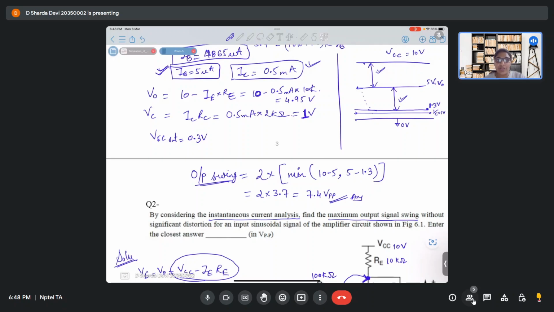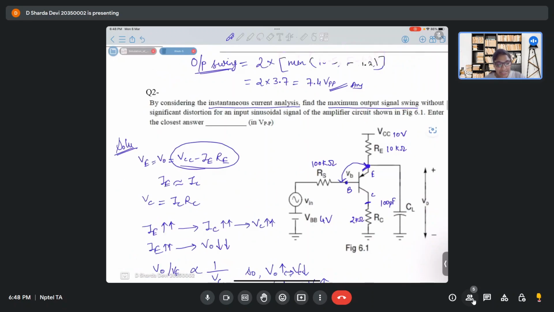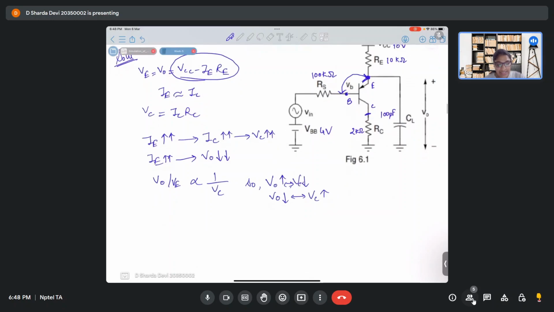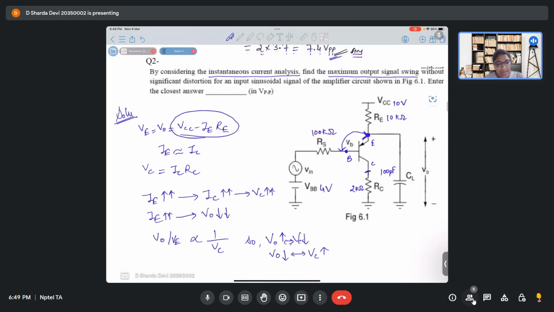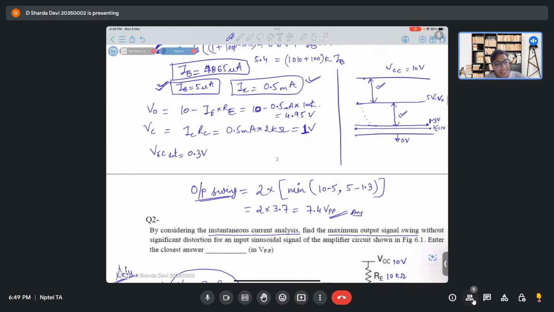It is also going to change, because V0 and VC are interdependent and inversely proportional to each other. So now we will not get the same swing. The swing value will definitely change. And where will we see the effect? Will we see the effect in the upper half of the swing?